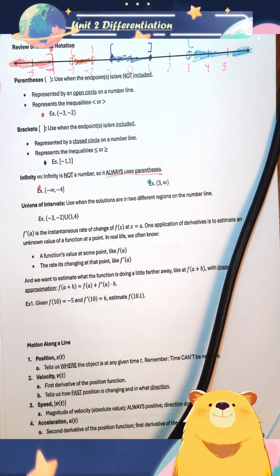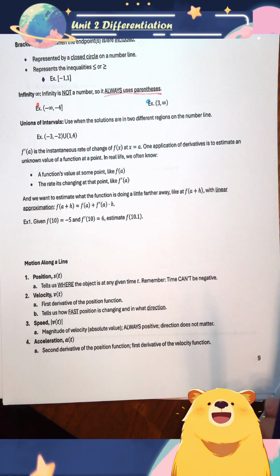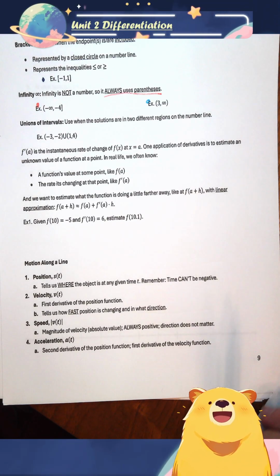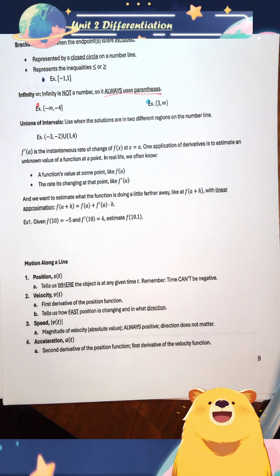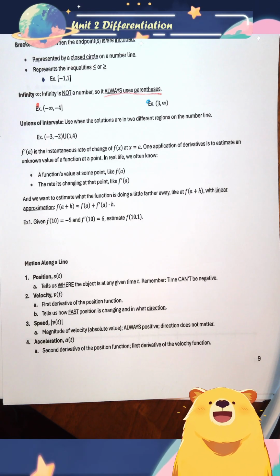All right. First application. F prime of A is an instantaneous rate of change of f of x when x is equal to A. One application of derivatives is to estimate an unknown value of a function at a point.